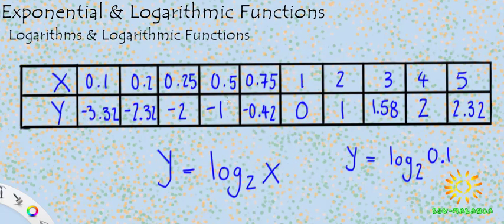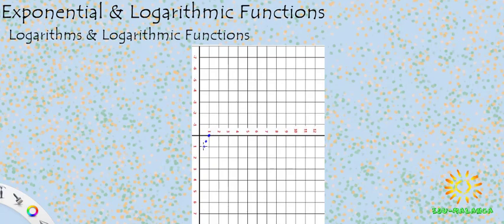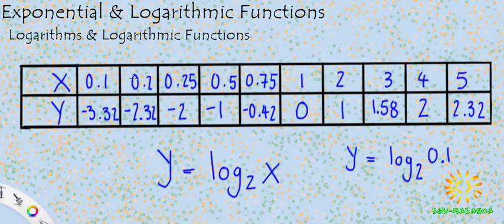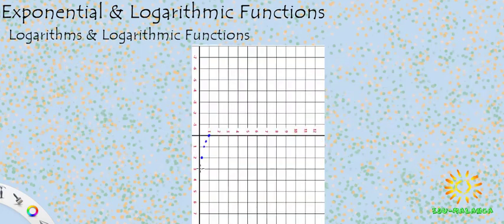The next value we will draw is when your x is 0.25, your y is negative 2. Okay, so 0.25, it's smaller over there. Your y is negative 2. And when it's 0.2, you have minus 2.32.